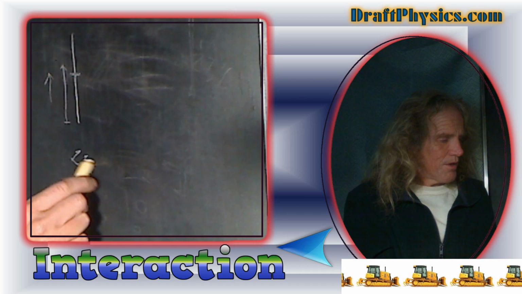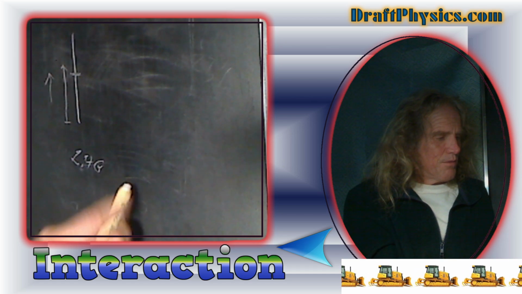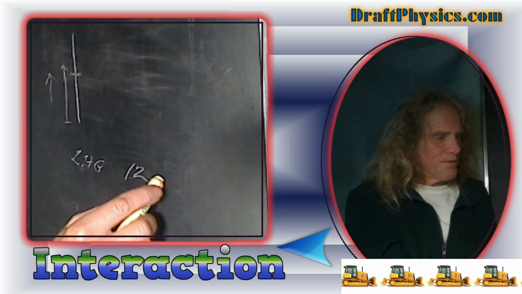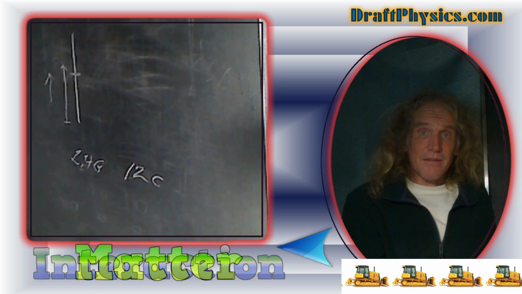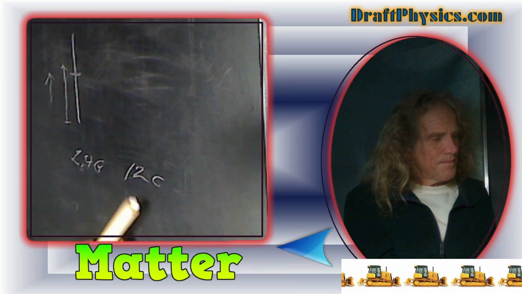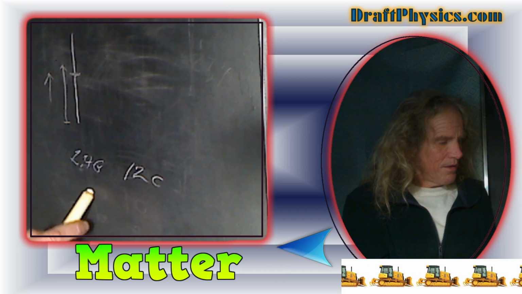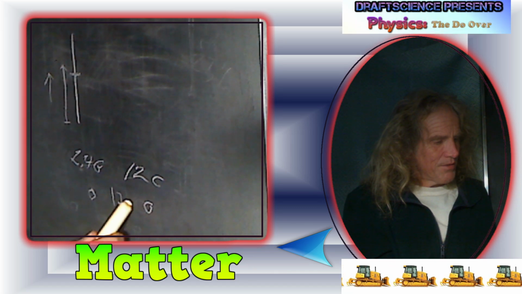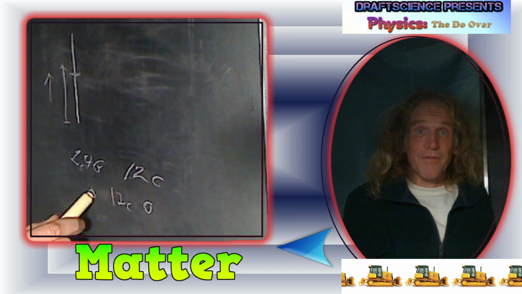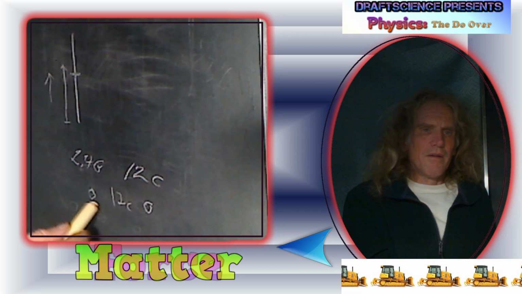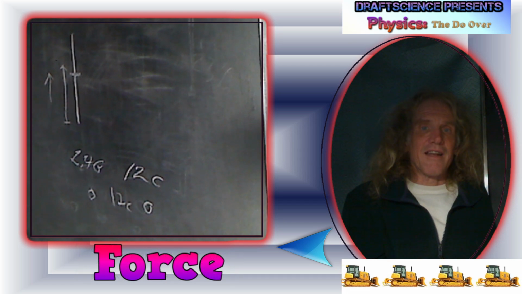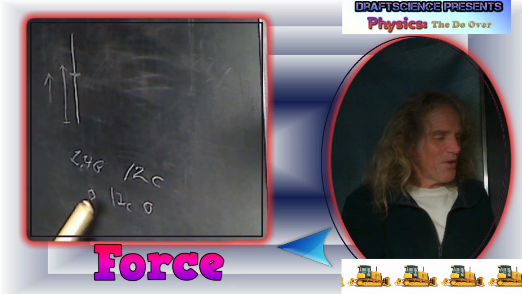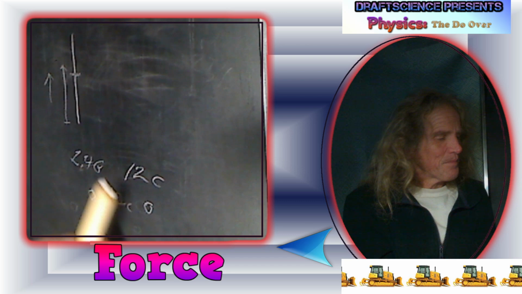So 2.4 gigahertz would equal about 12 centimeters of distance between the frequency bits, where 500 nanometer light would be much smaller than that, a few 100 billion times smaller.